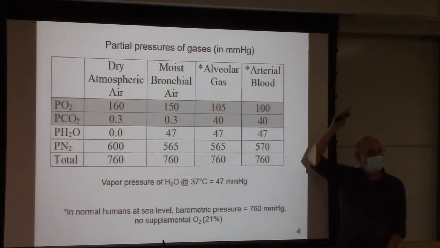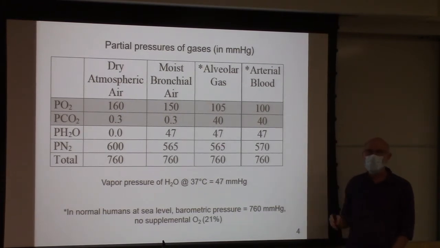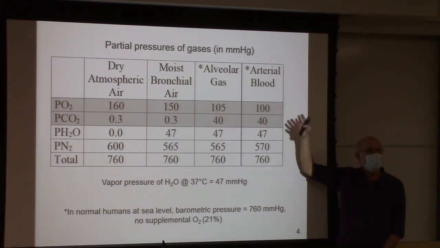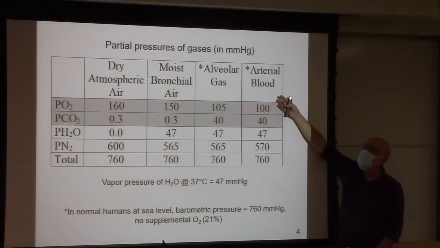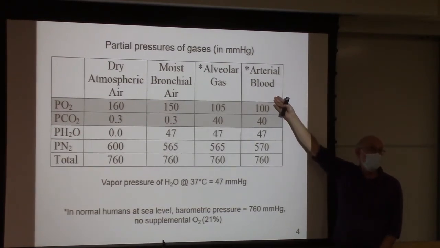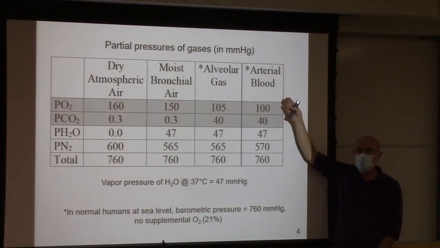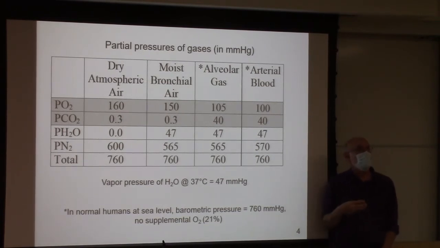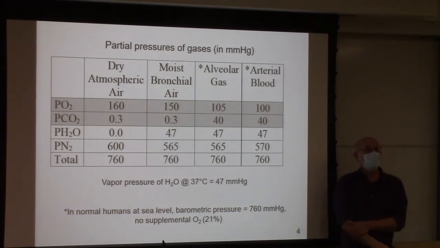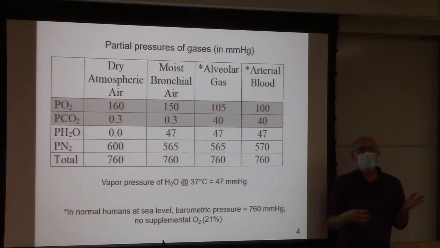Now we get into the concept that is a little more confusing, and that is the idea of a partial pressure of a gas in a liquid. It's the same thing. When you think of a liquid, you think of concentration. Blood serum has a concentration of sodium chloride, let's say, of about 150 millimolar.